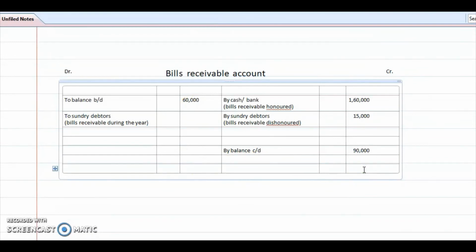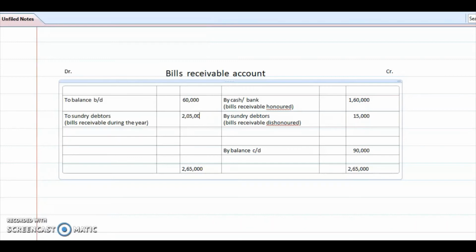If you add these three, you will get a total of 2,65,000. If you deduct 60,000 from 2,65,000, you will get the answer 2,05,000.